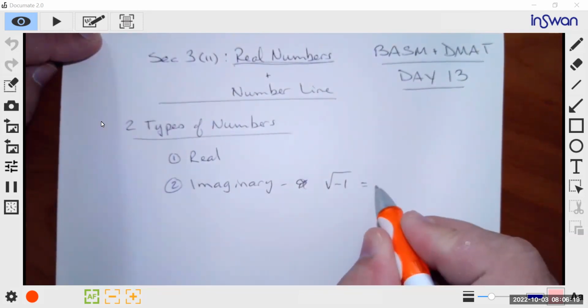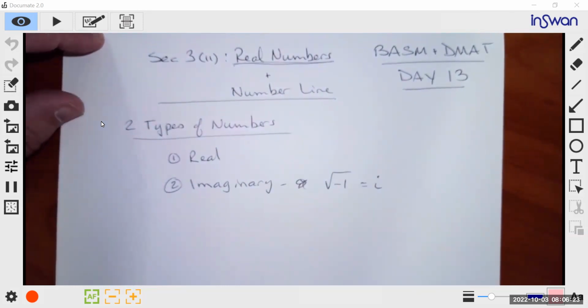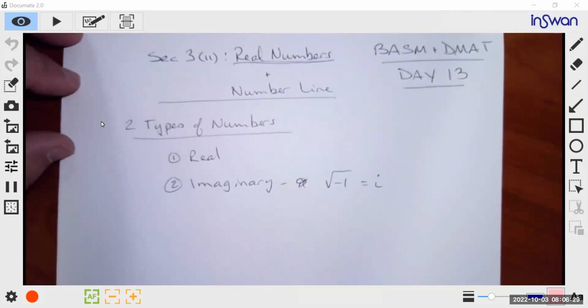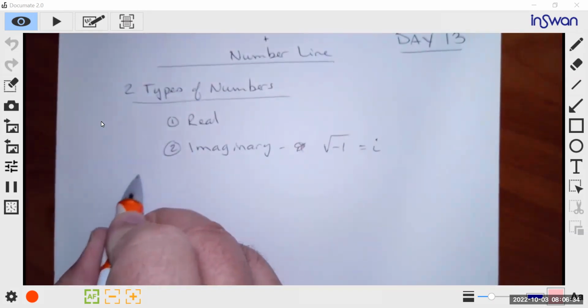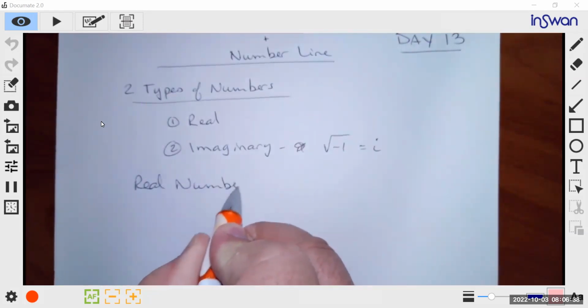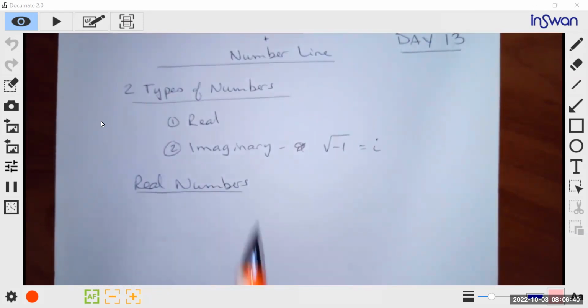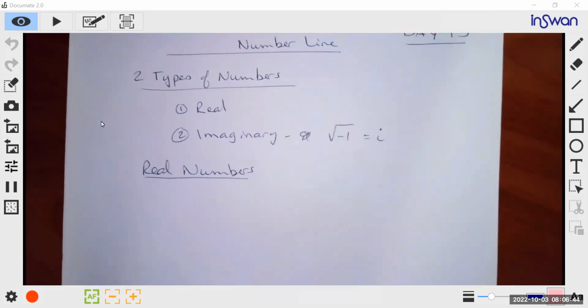It's impossible to get the square root of -1, so that's why we give it the letter i to mean imaginary. The real numbers, on the other hand, are made up of a whole bunch of subsets.